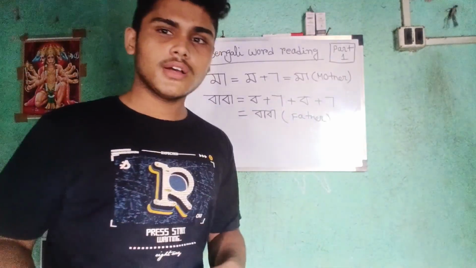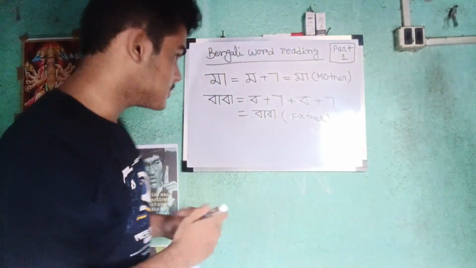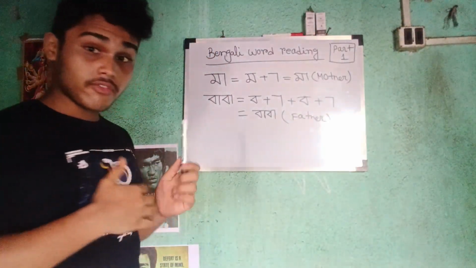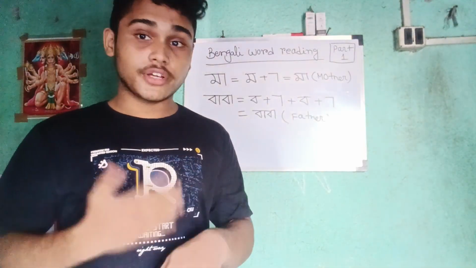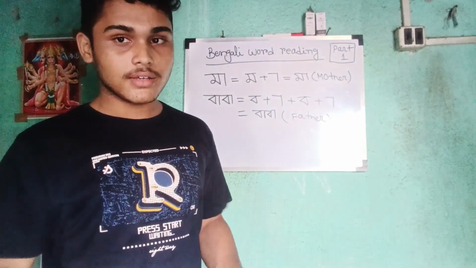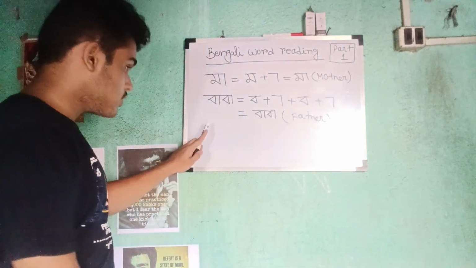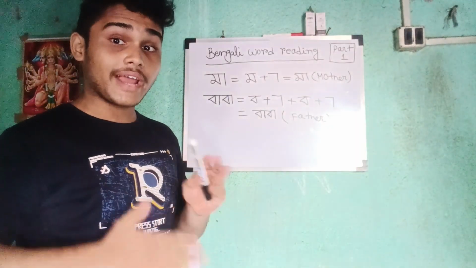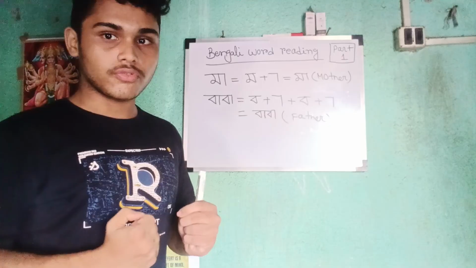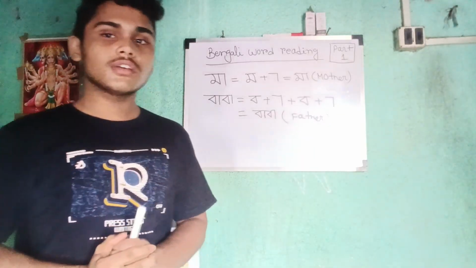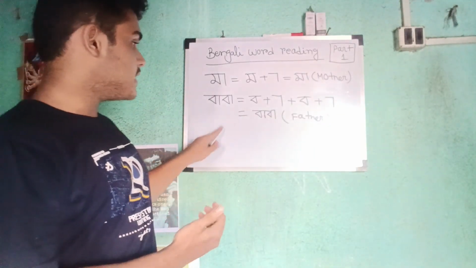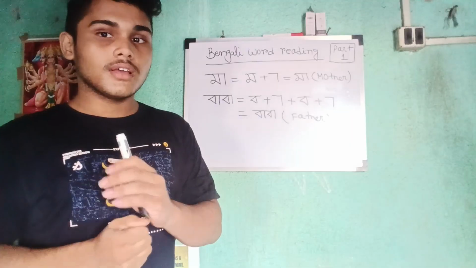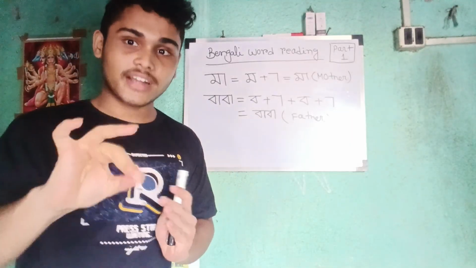After baba, we have bhai, which means brother. So how can we write bhai? Please try with me to write bhai. That's how you can improve. It's not because of me writing these letters that you can learn all of these things. You have to practice.